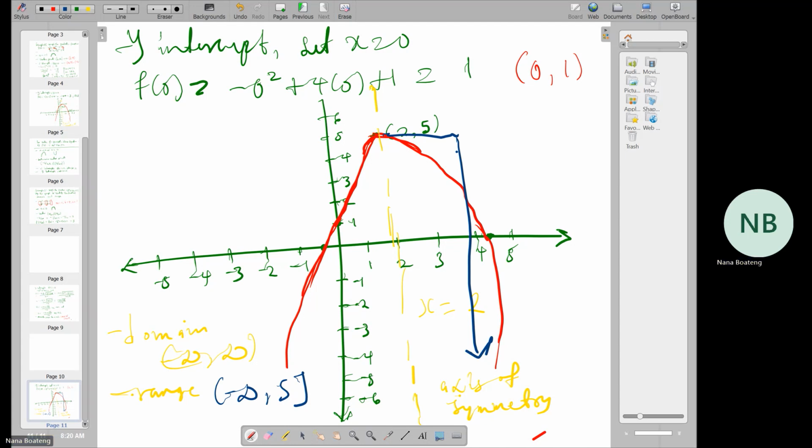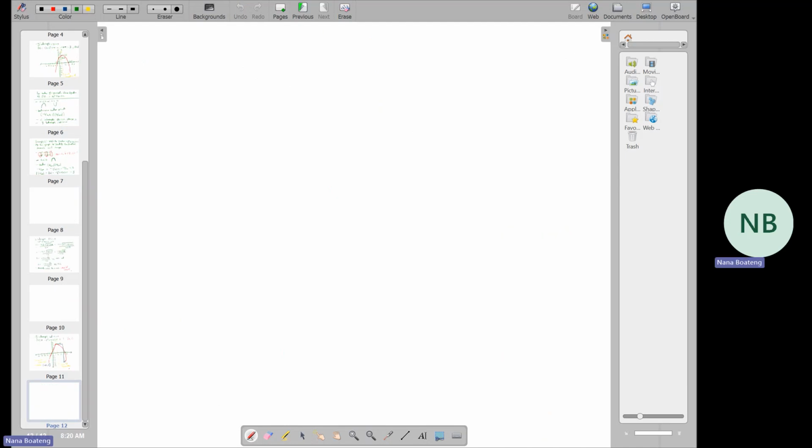All right. So let's look at minimum and maximum quadratic functions.